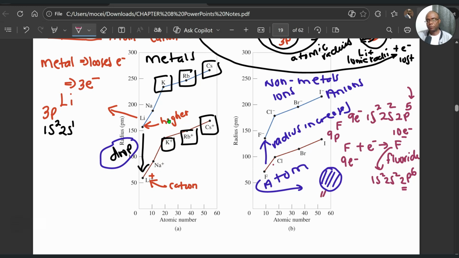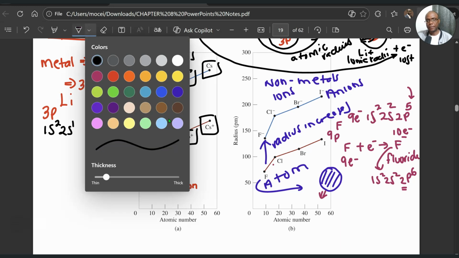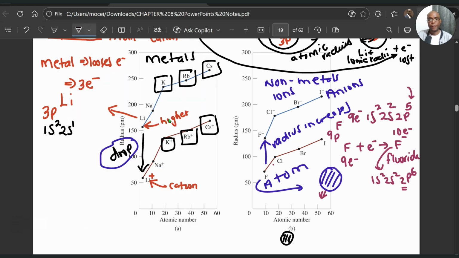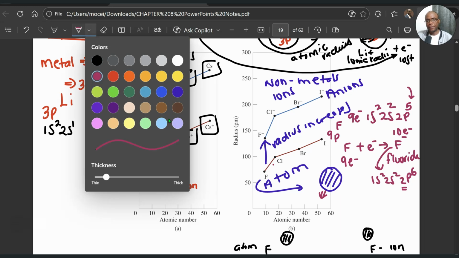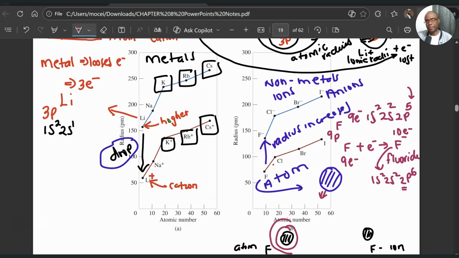Let me draw it down here. I'll call this F minus and this the atom. So that's the atom and this is the anion. You have the same number of shells because I'm going up to the second shell in the atom and in the anion.